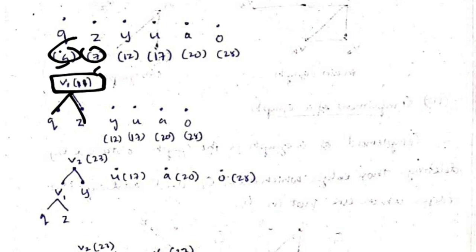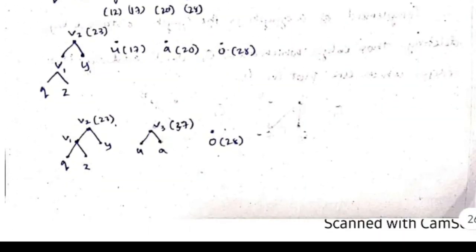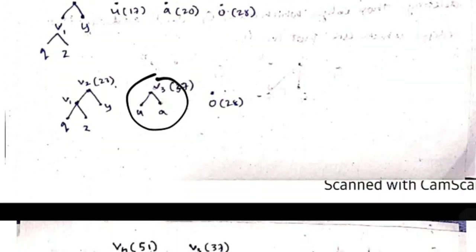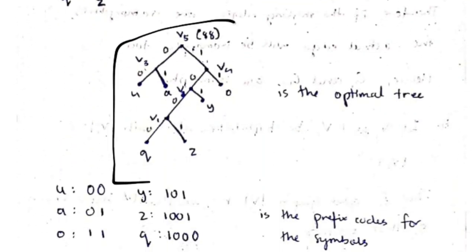Then again consider the least 2 numbers, which in this case are 11 and 12. So we will merge 11 and 12 together and write here as 23. So the next two least numbers are U and A with 17 and 20. We will merge them together and write V3. Similarly, we will keep on doing until we obtain this tree here.